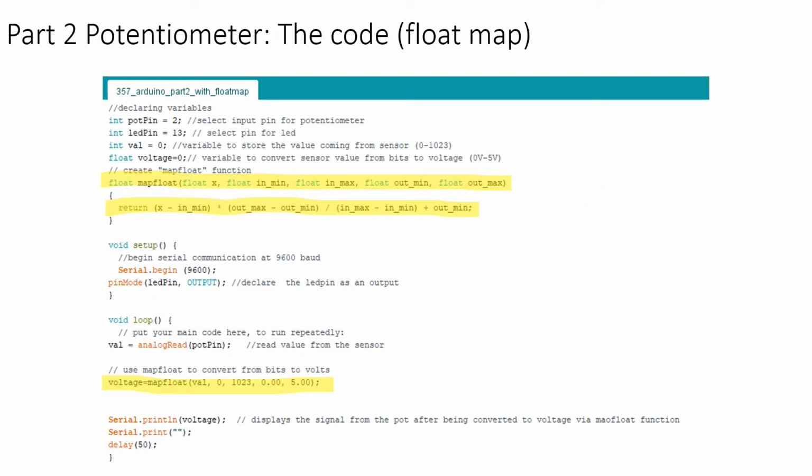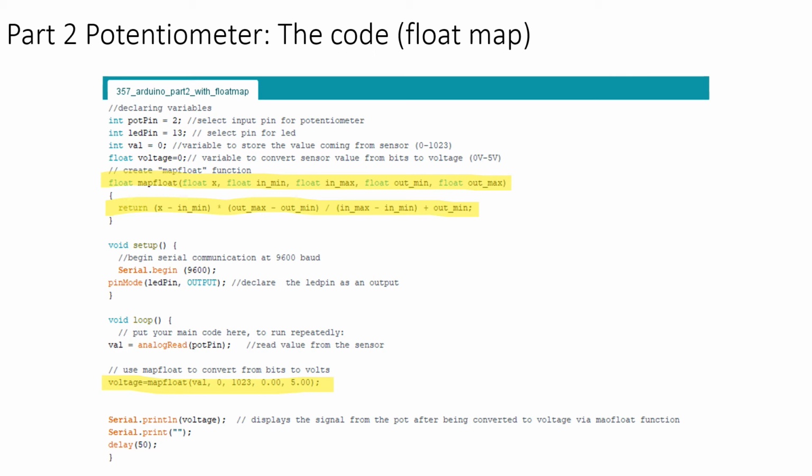Here we have version 3 of my code for part 2. This is what I'm calling the float map version. Upon some research, I found that the map function only works for integers, and I found this function highlighted at the top as a float map function.